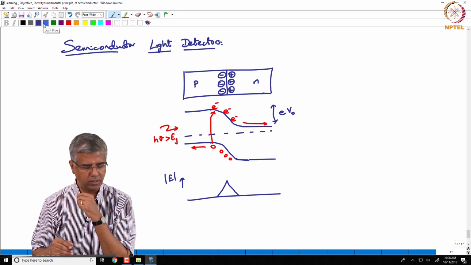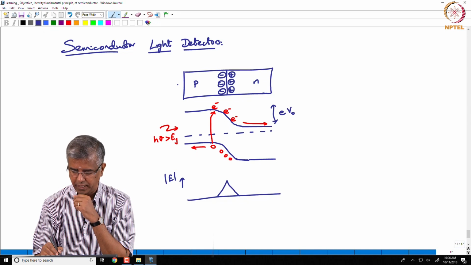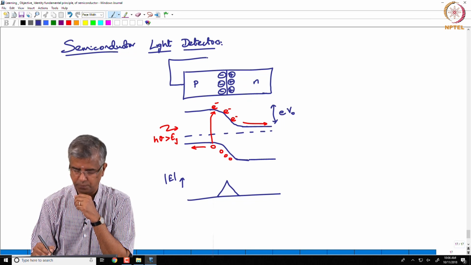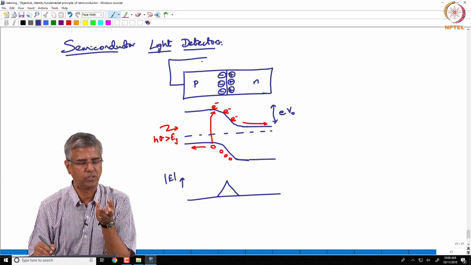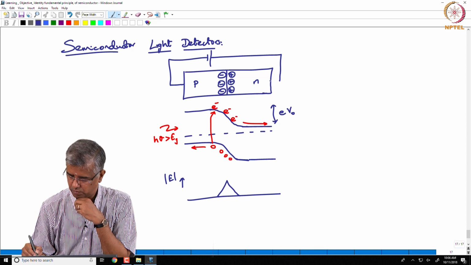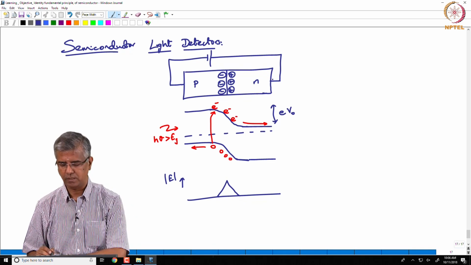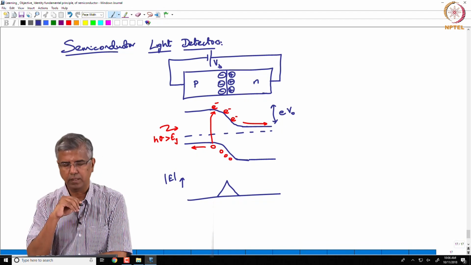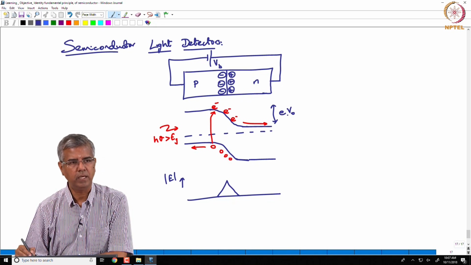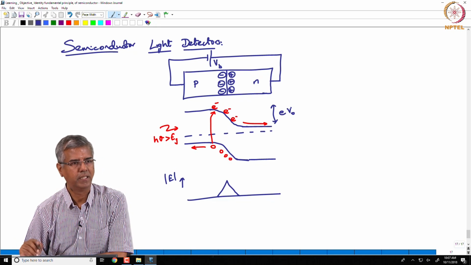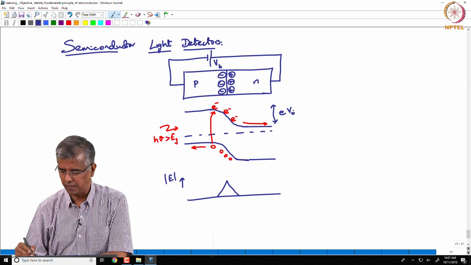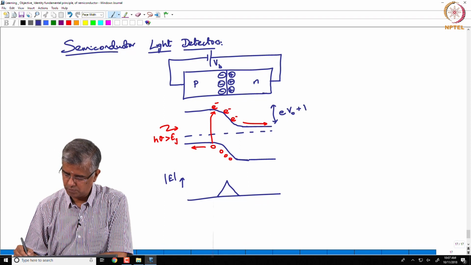Now, interesting things happen once again when you have a bias, when you give an external bias to this. But this time, unlike the case of light sources, we are giving a reverse bias over here, and when you give a reverse bias, let us say reverse bias VB, this potential is going to be modified, that barrier is going to be modified such that in this case, because it is reverse bias, you have enhancement of the barrier.